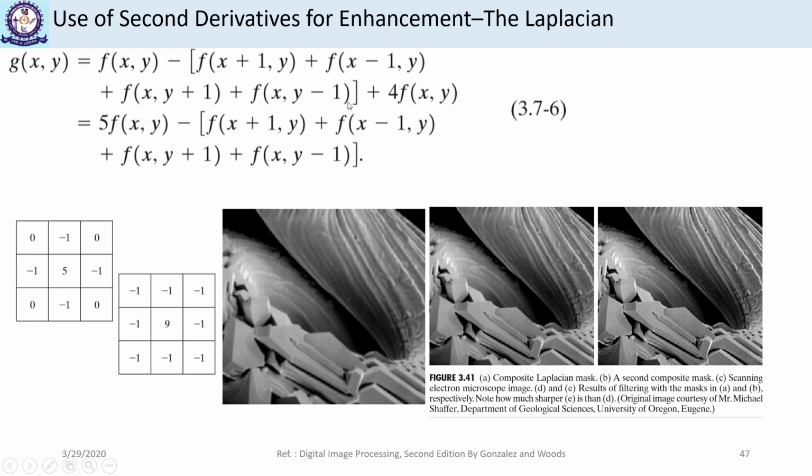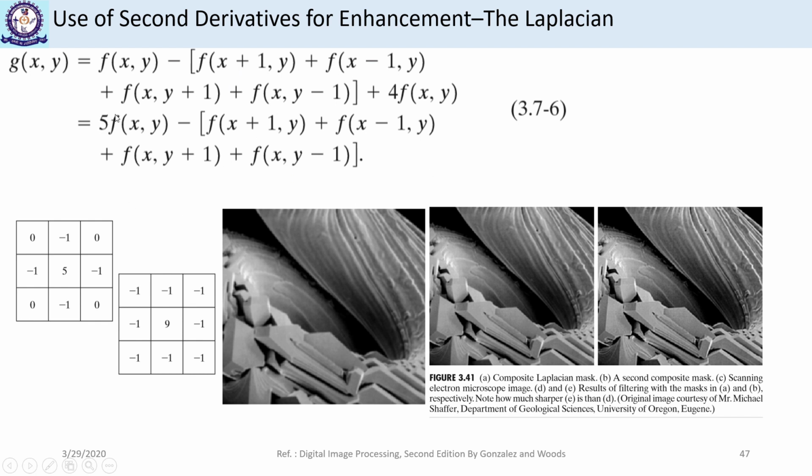So -4 becomes +4 and all these coefficients become positive, because the minus outside the bracket and the minus inside multiply to plus. So here we get 4 fxy, and with this fxy we get a total of 5 fxy, minus all these other terms.